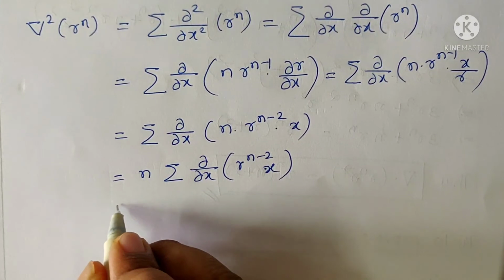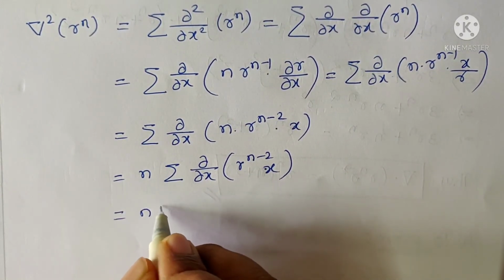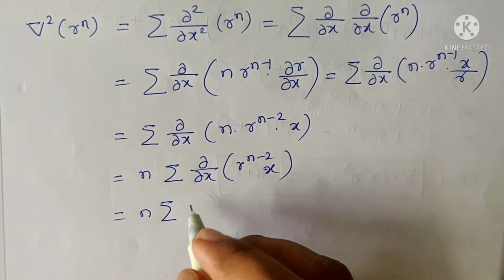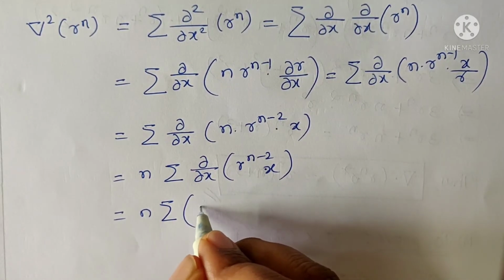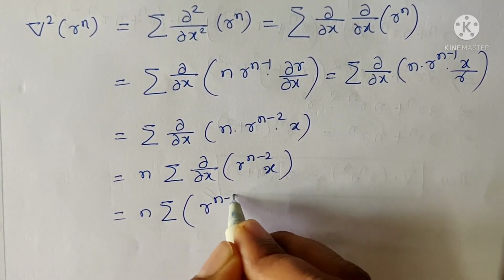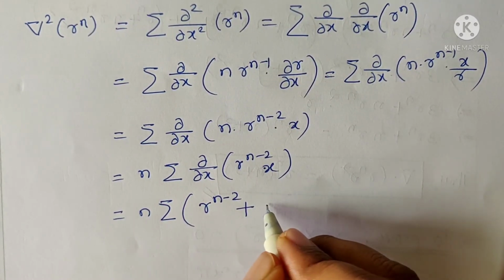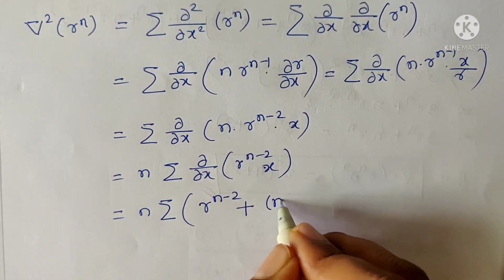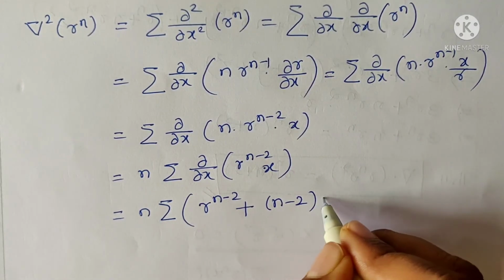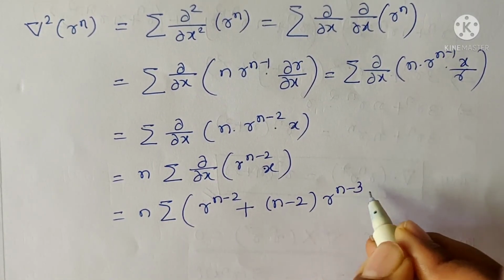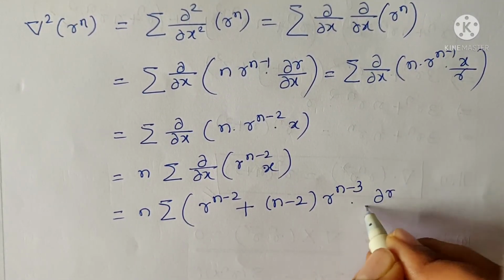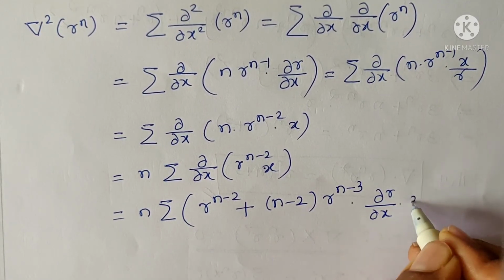So this is equal to n into summation of r raised to n minus 2 as it is, differentiation of x is 1, plus keep x as it is, differentiation of r raised to n minus 2 is n minus 2 into r raised to n minus 3 into dou r by dou x into x.